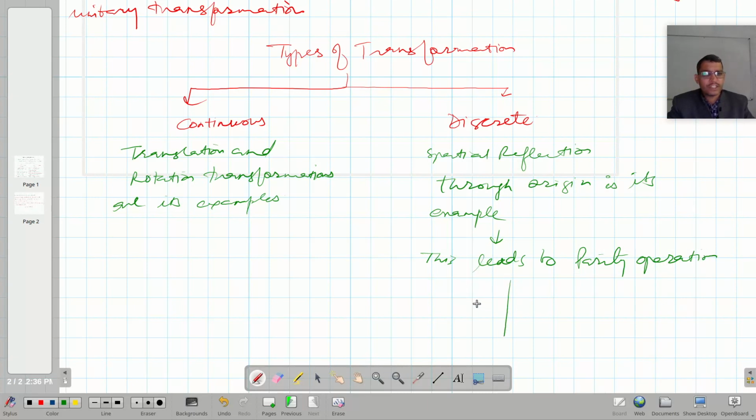So let us understand. Say this is the axis, and here a mirror is placed, so a particle here seems to be there. So this is the spatial reflection through the origin, is its example, right? In this lecture I will discuss translation and rotation transformations.